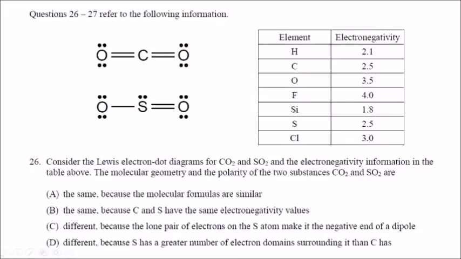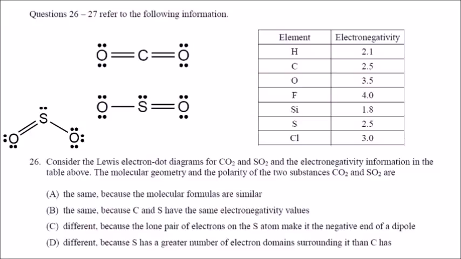Number 26. We are comparing carbon dioxide, CO2, with sulfur dioxide, SO2. Now the molecular geometry, it looks like these molecules are drawn as linear. However, the carbon dioxide is linear and the sulfur dioxide is actually bent. Just because a Lewis structure looks like a straight line doesn't necessarily tell you what the actual shape of the molecule will be.